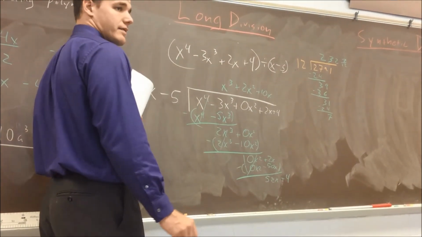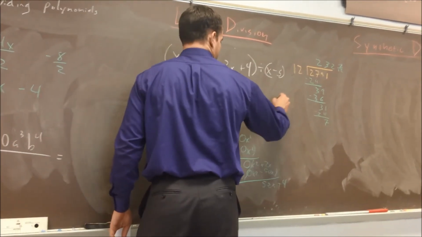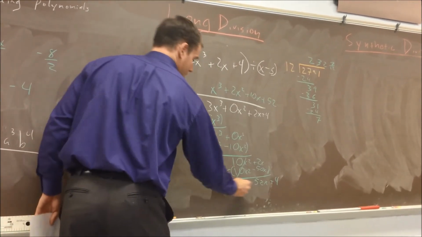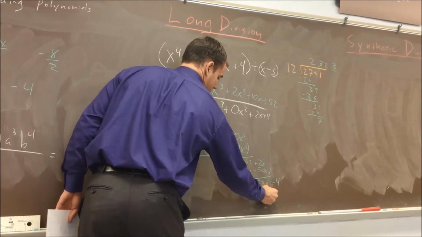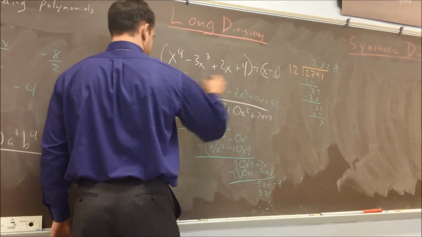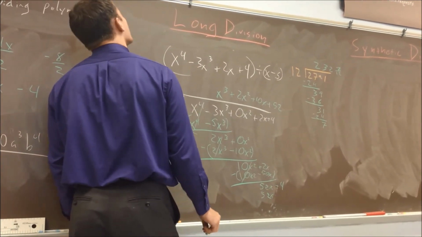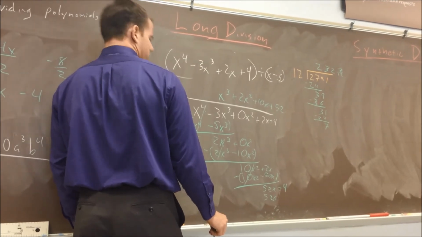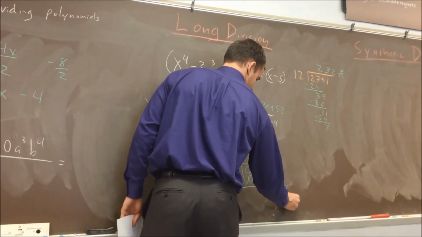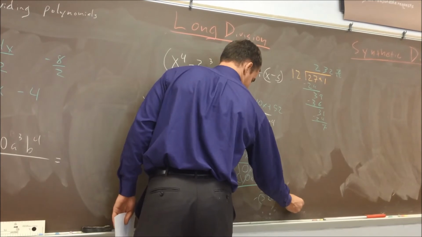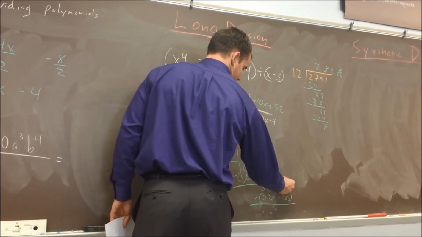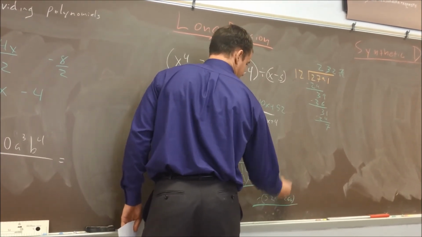Gotta be 52, right? Plus 52. 52x. 52 times negative 5 gives me negative 260. So negative negative makes it positive.